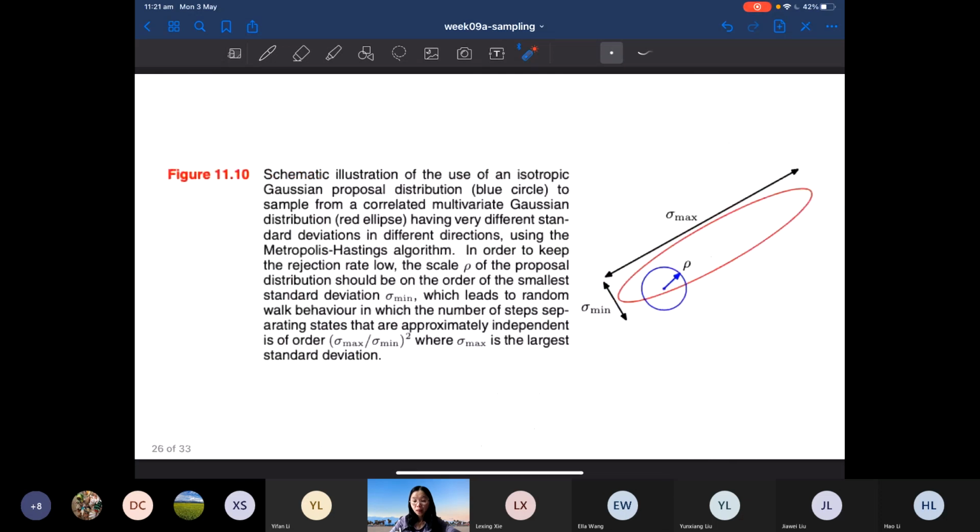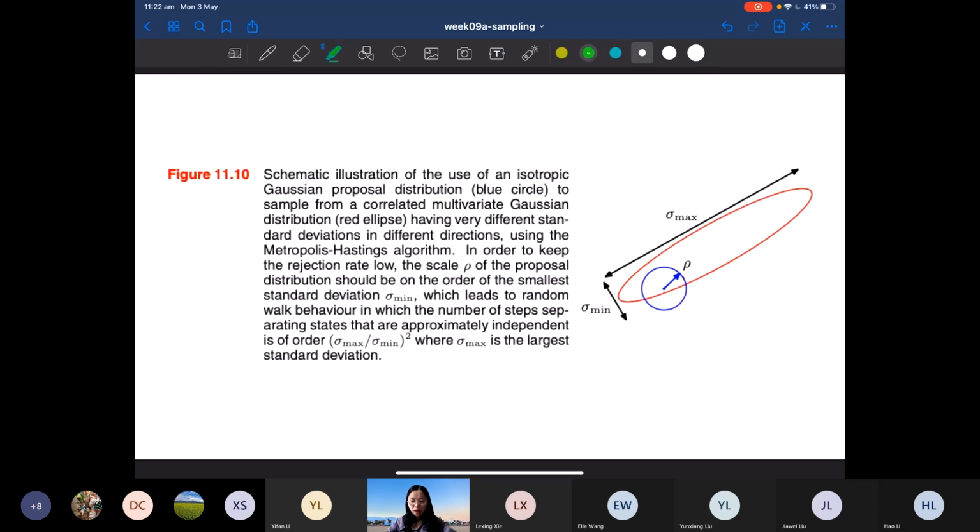Graphically, let's say we're sampling from the same two-dimensional non-isotropic Gaussian again, with these red ellipses. If we're sampling using this proposal or transition distribution described by this blue circle as its variance, then we're essentially moving through this elongated mountain by a random walk of the size of this blue circle.